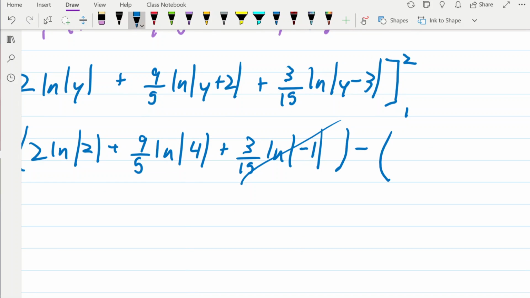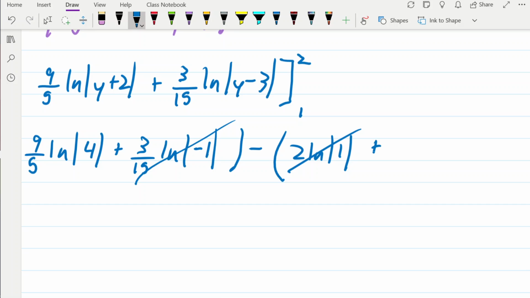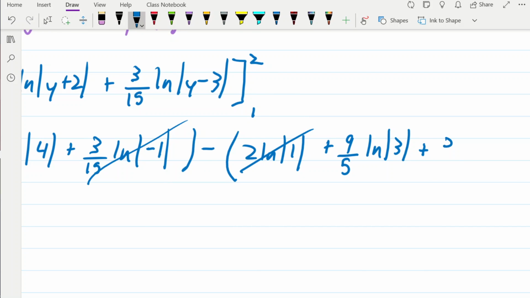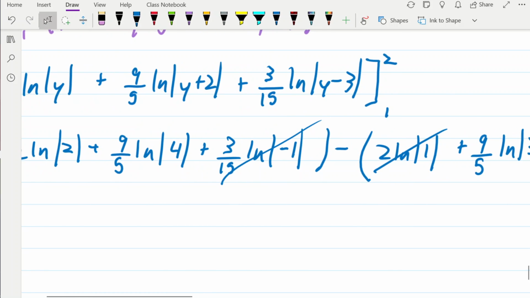Then that's going to be minus 2 ln of 1, that's going to be 0, so we can get rid of it. Plus 9 over 5 ln of 3 plus 3 over 15 ln of negative 2, so that's going to become positive 2 because of the absolute value.